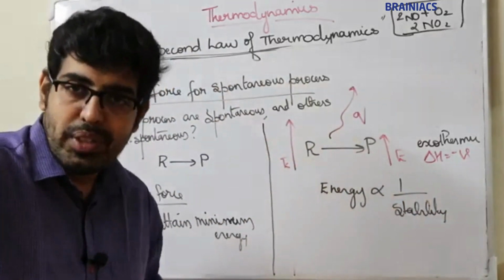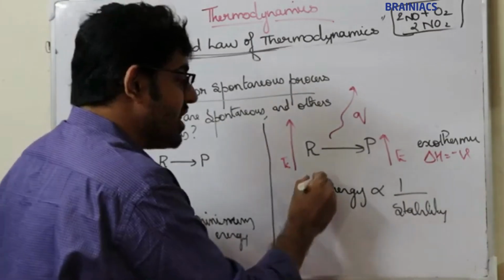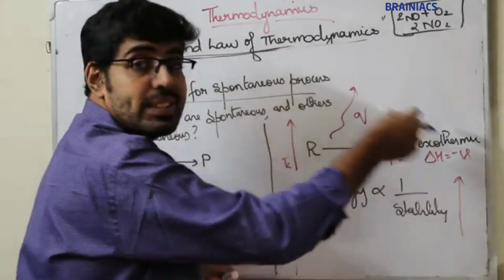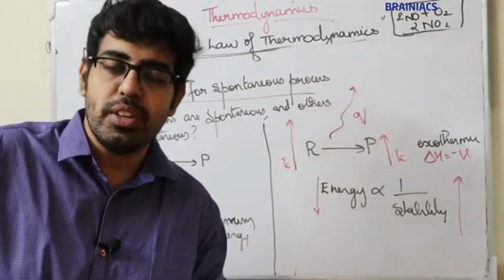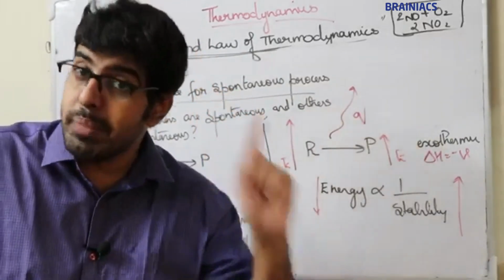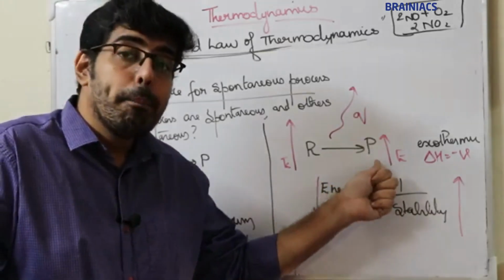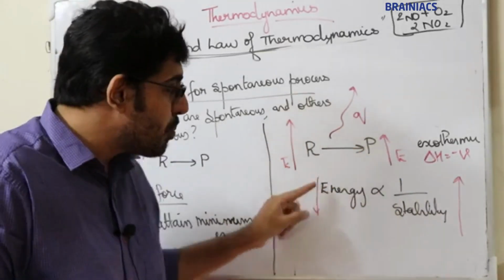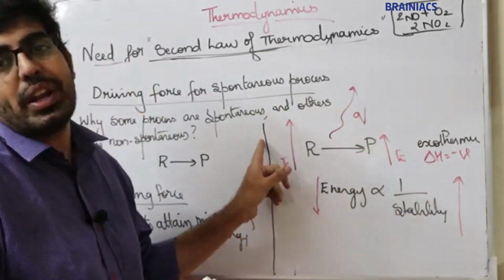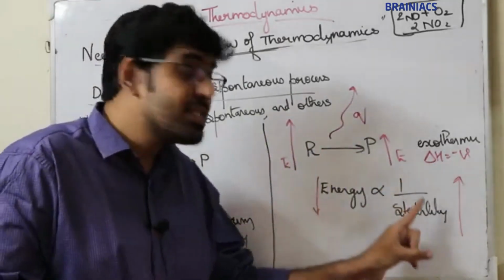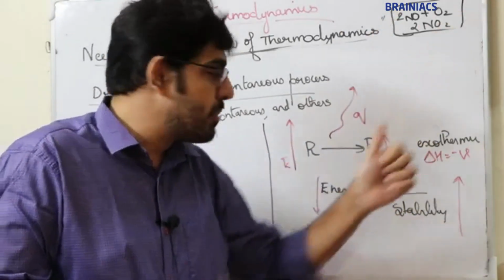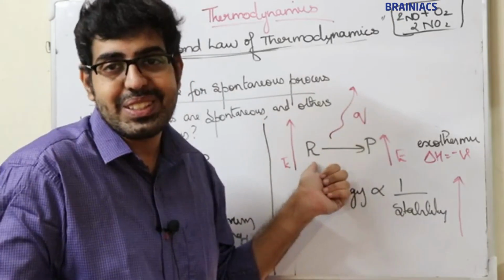As energy decreases, stability increases. So that means the stability of product is greater than the stability of reactant, because the energy of product is less compared to the energy of reactant.